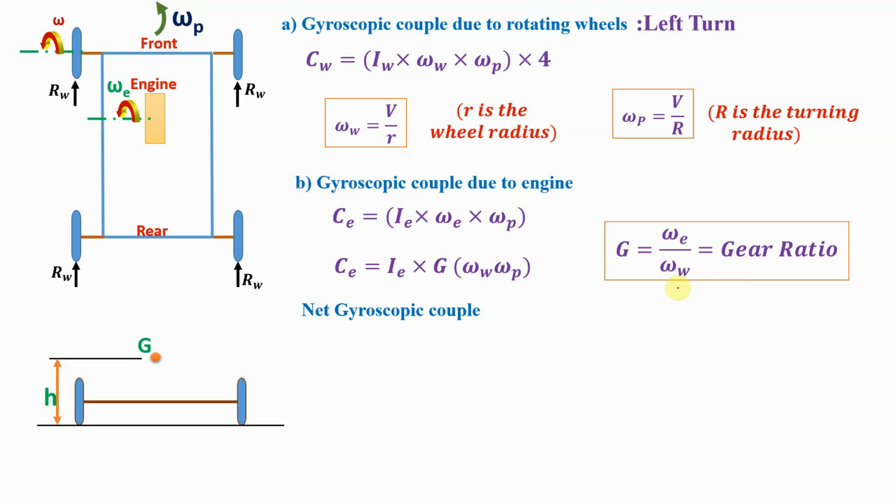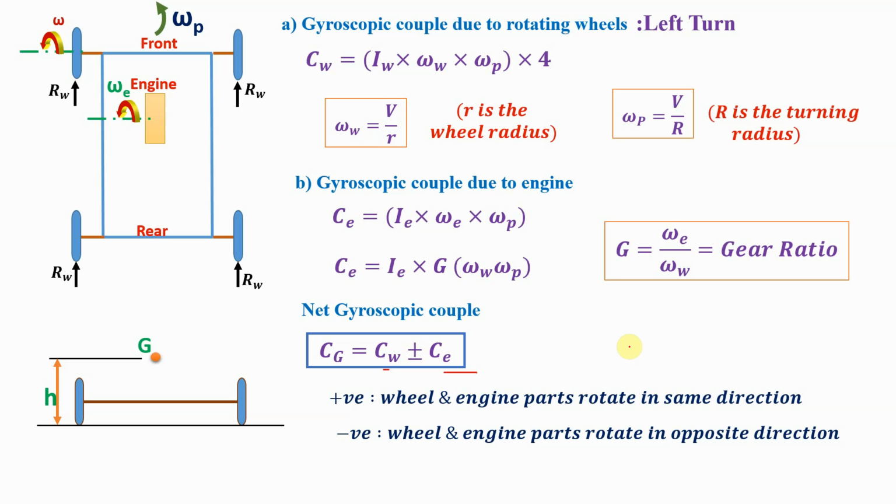Then we can find out the net gyroscopic torque as the algebraic sum of these two couples. So net gyroscopic torque Cg equals Cw plus minus Ce. We will use the plus sign when wheels and engine parts rotate in same direction, and you will use the negative sign when wheel and engine parts rotate in opposite direction.